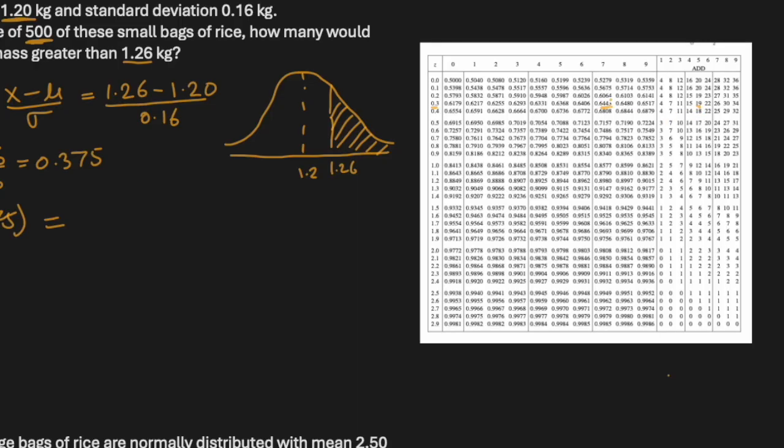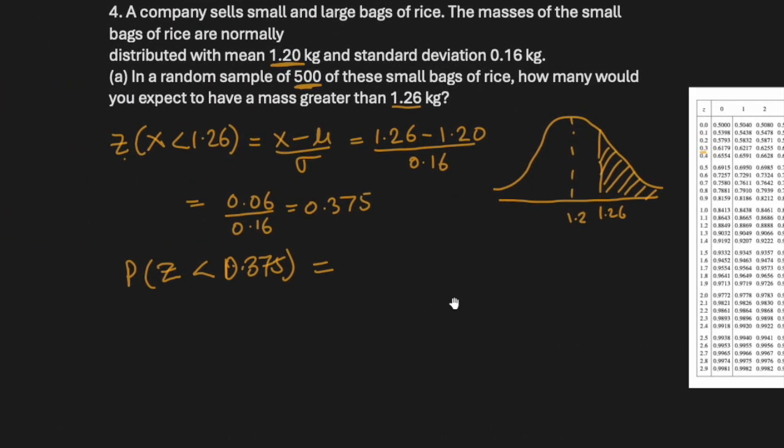So 19 plus 43, last two digits of this will give us 62. So it will be 0.6462. 0.6462 is this area, right?